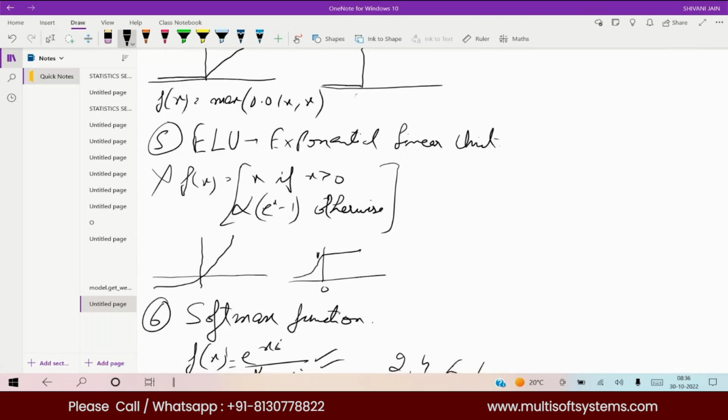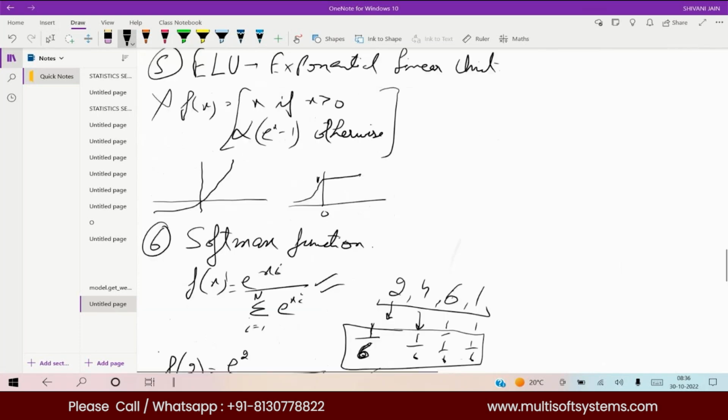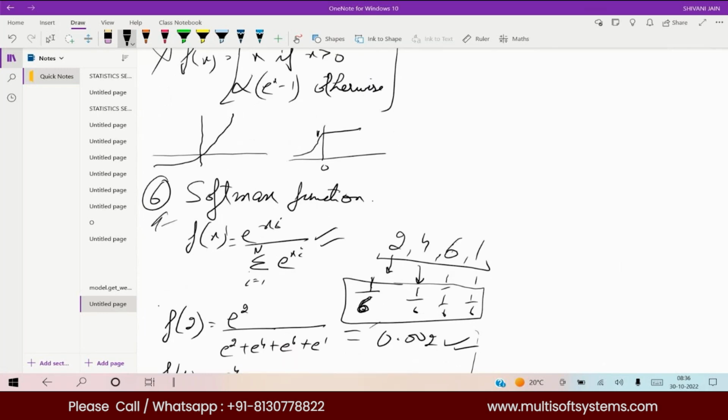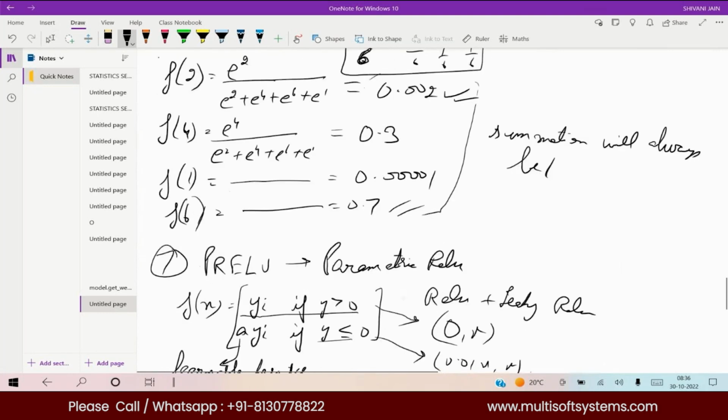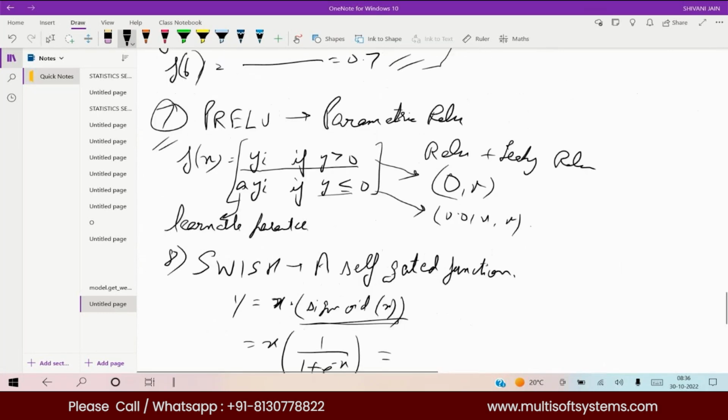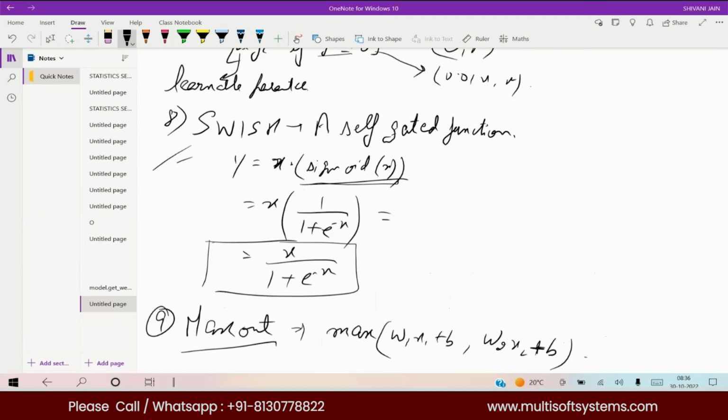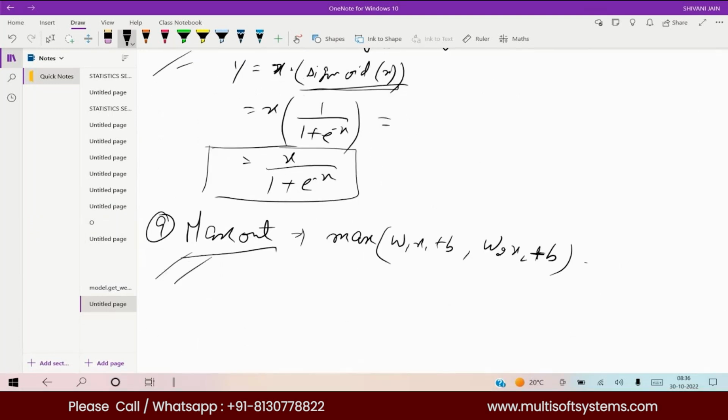You can ignore ELU also, but you should know it. For experiment purposes, you can use it. Then we have softmax, very important. I'll be telling you when to use which, but this is not a thumb rule. It all depends on the parameters. Then we have PReLU, then Swish, and then Maxout.